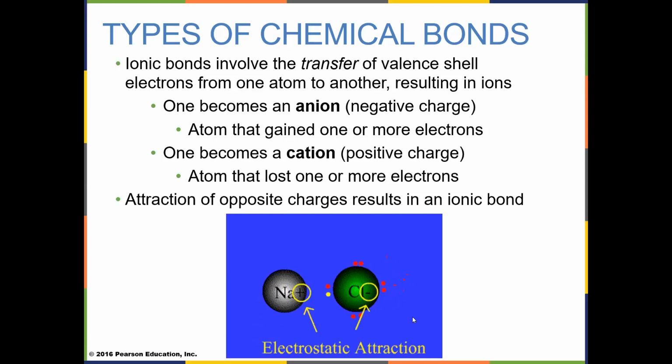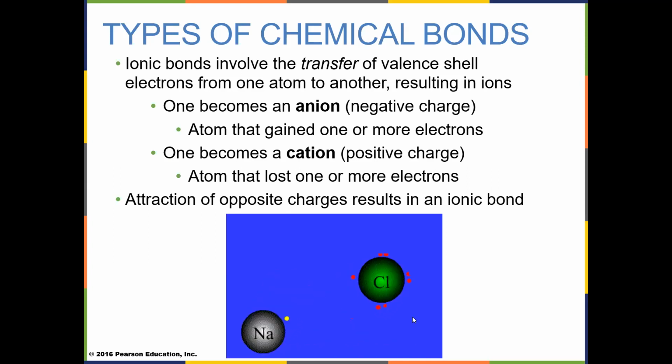So chlorine, with its 17 electrons and its 17 protons, now grabs an 18th electron. It's negative. It has more electrons than it does protons, but they're attracted like magnets. The positive sodium and the negative chlorine are drawn together like magnets. It's electrostatic attraction. That's what an ionic bond is.